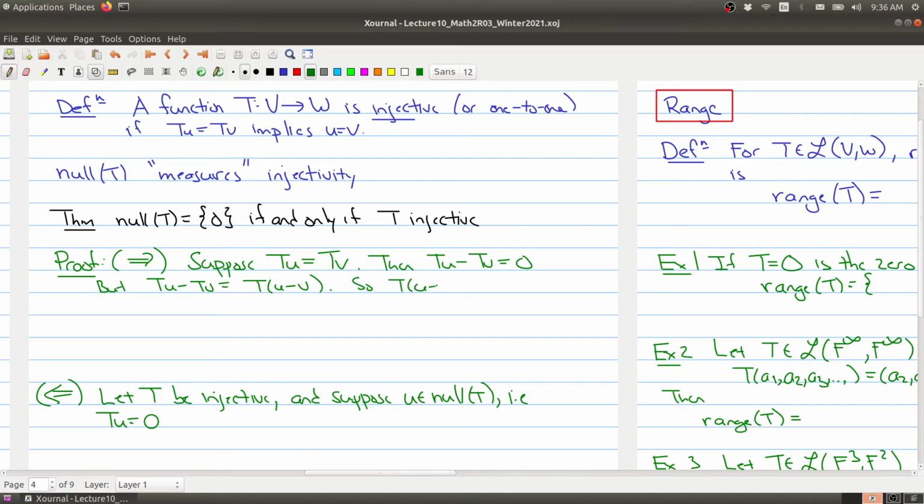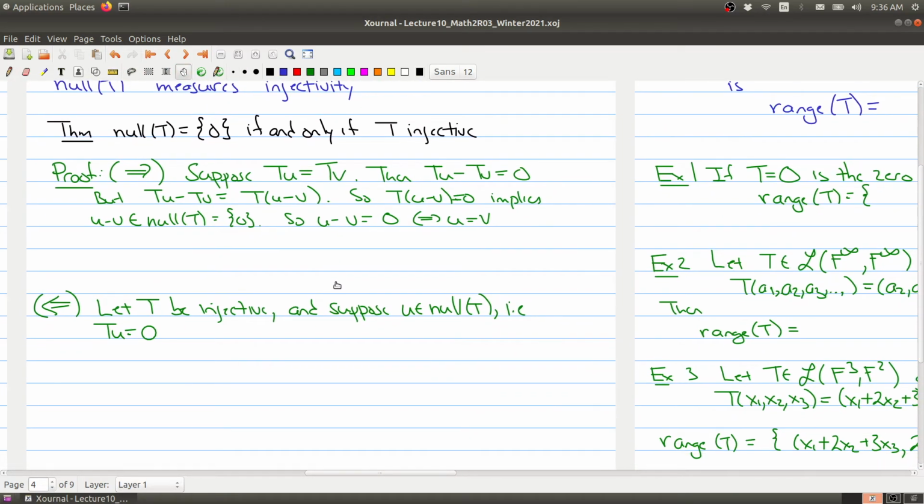So T of u minus v equals 0, which implies that u minus v is in the null space of T, because u minus v gets sent to 0 by T. But the null space contains only the 0 element. So u minus v is equal to 0, which is another way of saying that u is equal to v. So we've shown that if u and v get sent to the same element, they had to have been the same to begin with, provided that the null space is equal to 0.